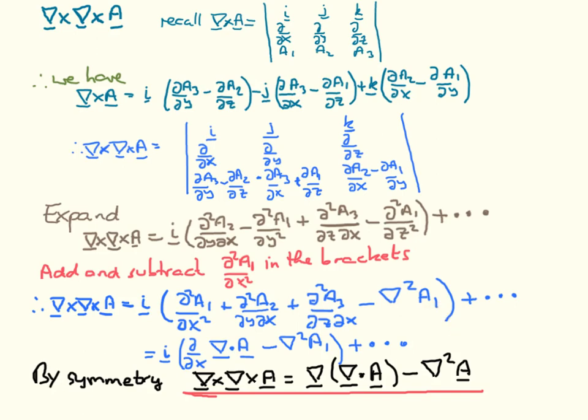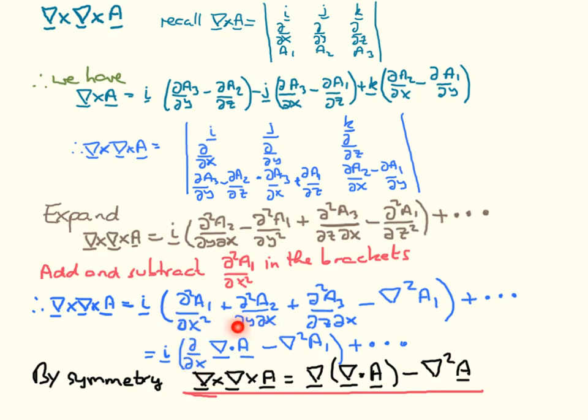And then the remaining terms are this term, and the term that we have added, this with a plus sign. So let's look now at these three terms. By equality of mixed partial derivatives, we can pull out in each case a derivative with respect to x.